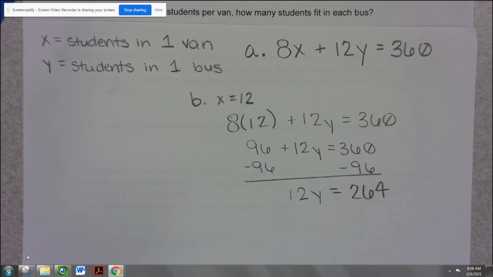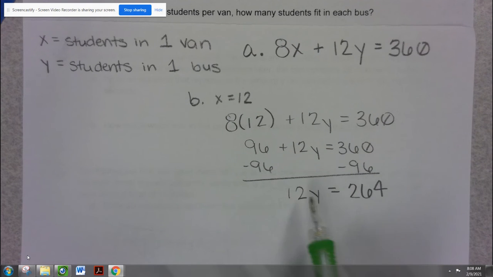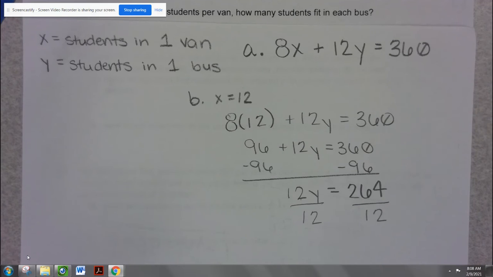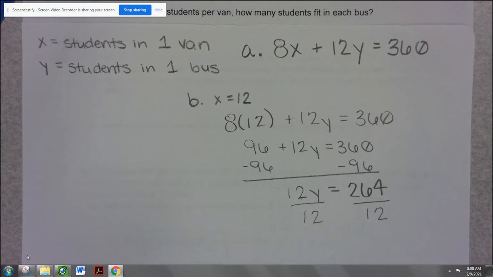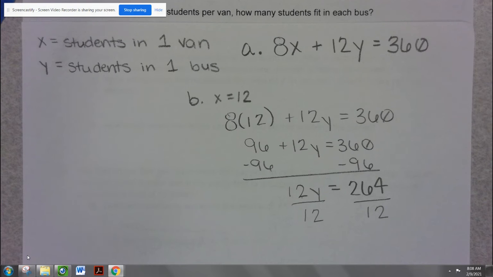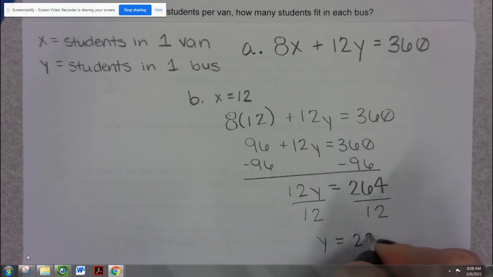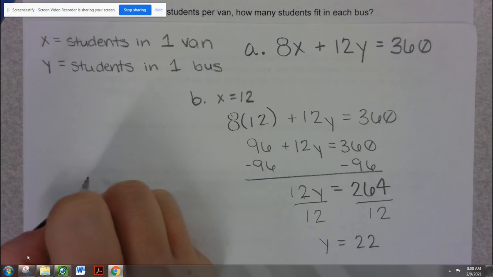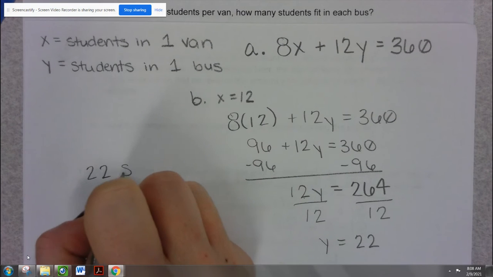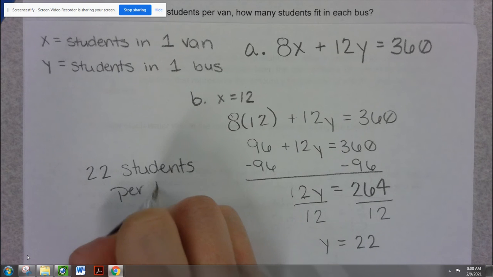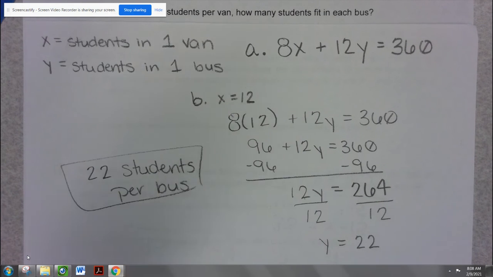Now you can do this a variety of different ways, dividing 12 into 264. I'm not going to dictate what way you choose to do that. If you prefer long division, go to town. Ultimately, you should get Y being 22. So our answer would be 22 students per bus.